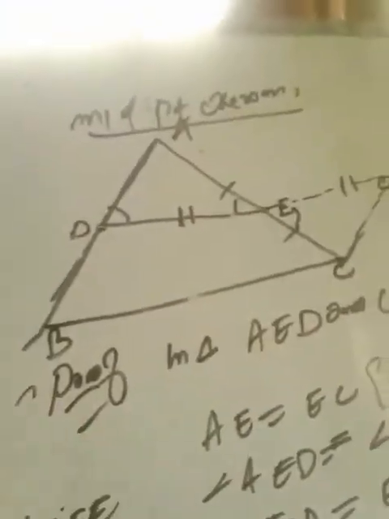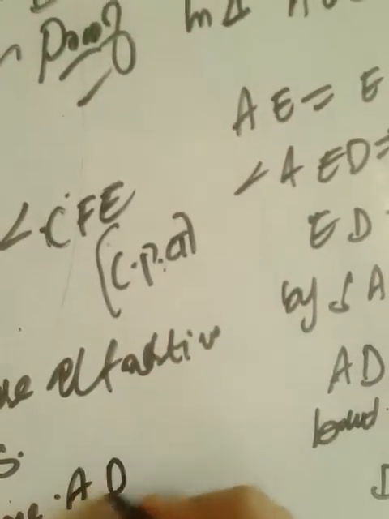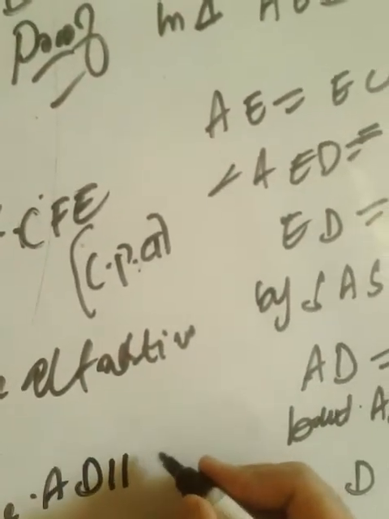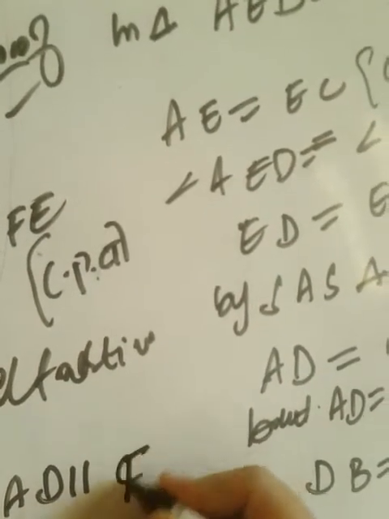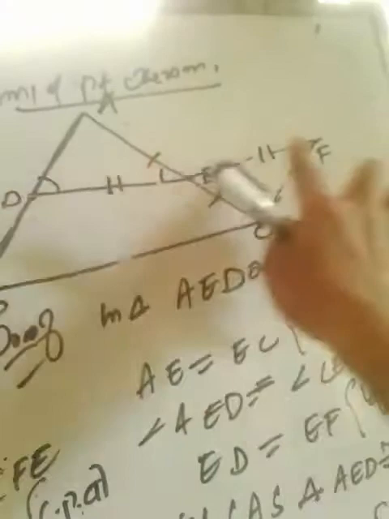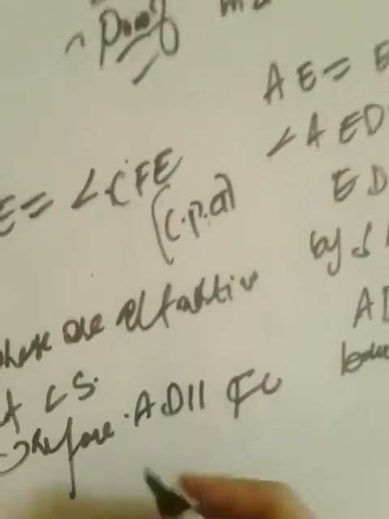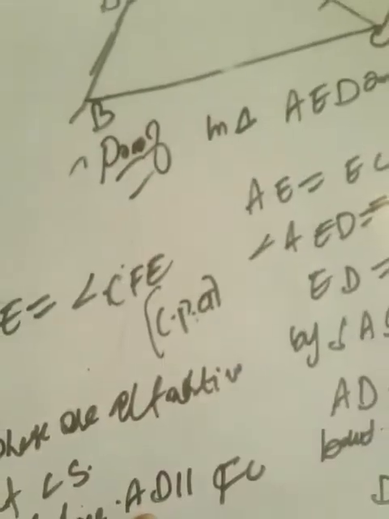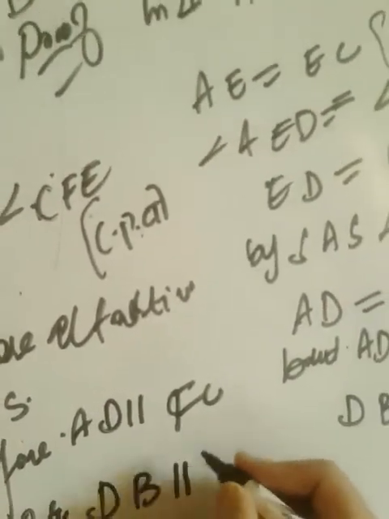Therefore, when alternate interior angles are equal, the lines through which they are formed are parallel. Therefore AD is parallel to FC. But AD equals DB, so we replace AD by DB: DB is parallel to FC.